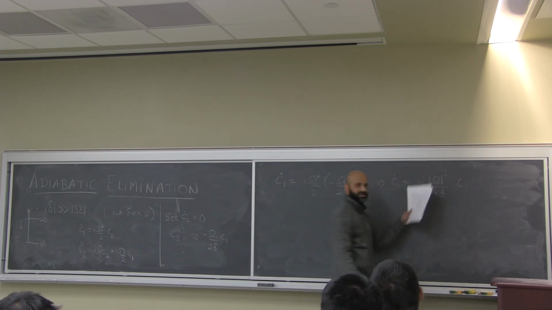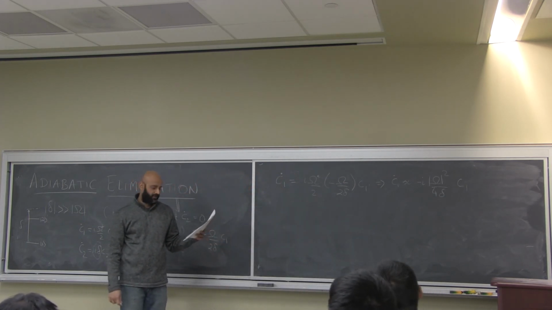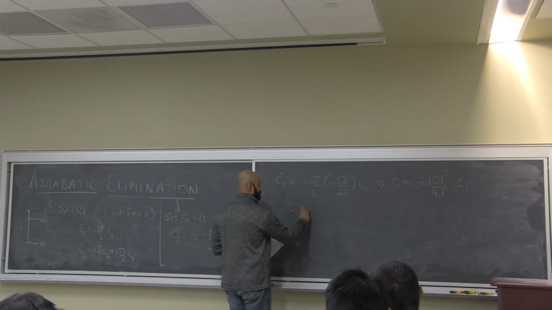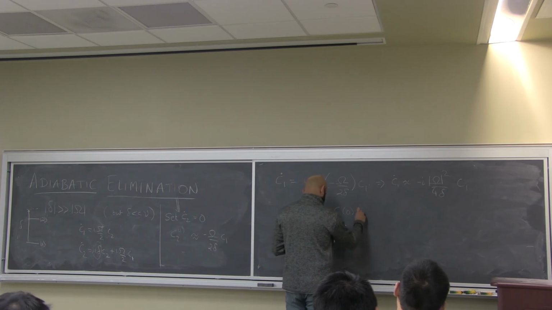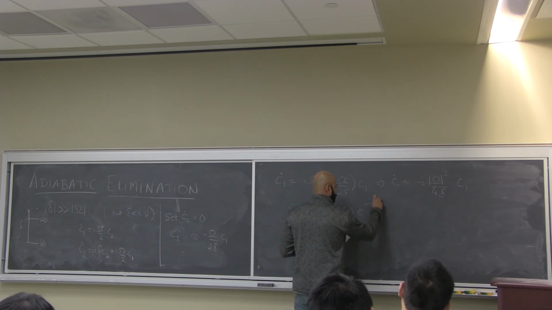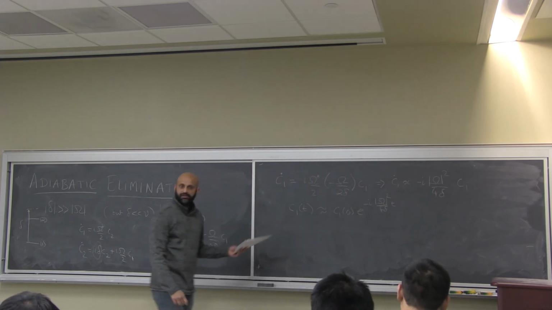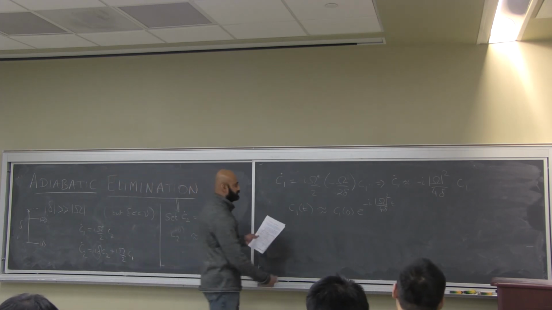And remember this omega squared by 4 delta? That was the AC Stark shift. Okay. So what we have seen is that, if I solve now this equation, C1 of t approximately is C1 of 0 times exponential minus i omega squared over 4 delta t, which means that I have changed the phase evolution of C1, and I have therefore changed the energy of state 1.